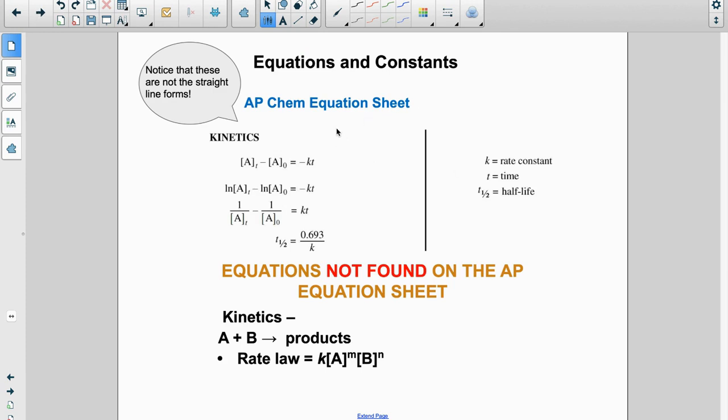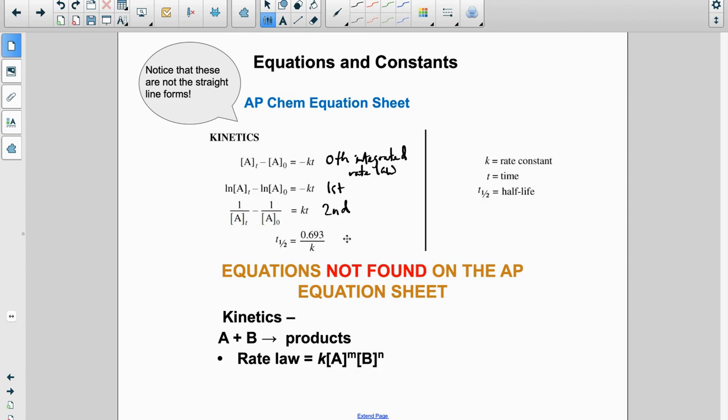Just to connect with the equation sheet, you'll see that there's a section for kinetics. The first one is the zeroth order integrated rate law. This is the first order that we've just looked at. And here is the second order integrated rate law.